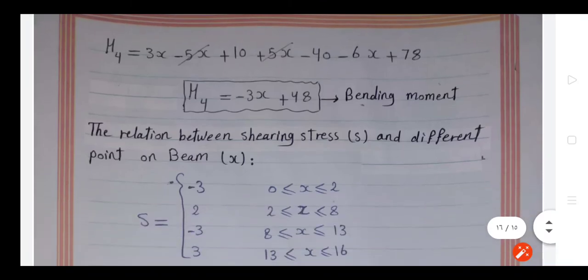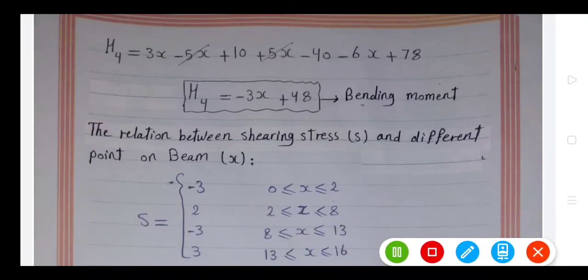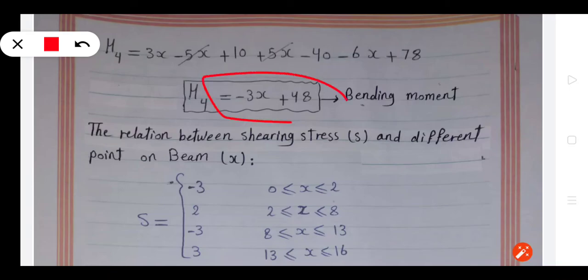That means that M4 equal negative 3x plus 48, that's bending moment.